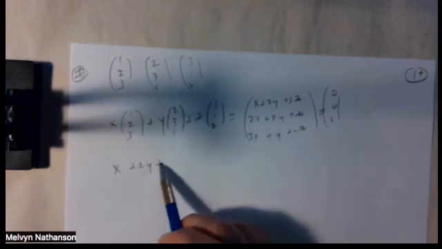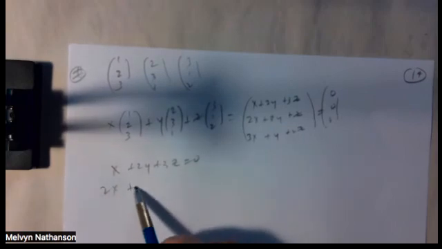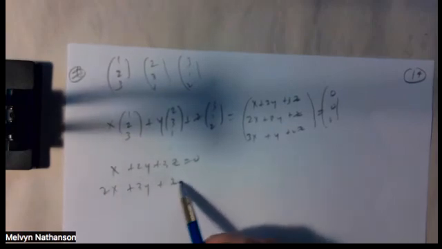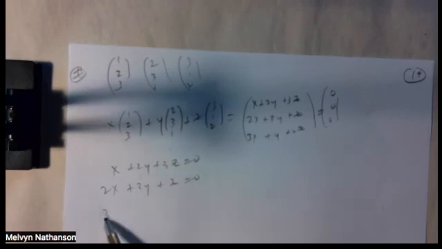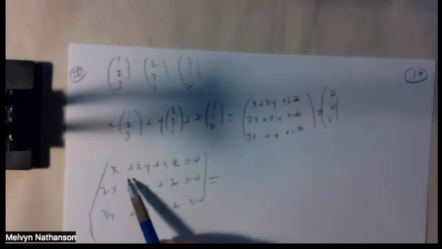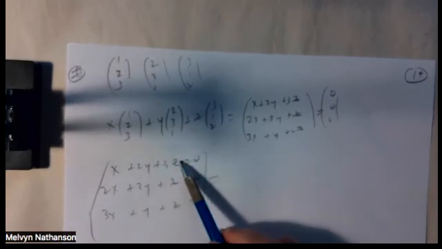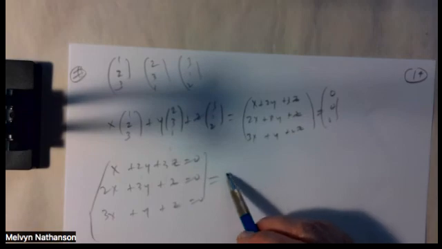So x plus 2y plus 3z equals 0. 2x plus 3y plus z equals 0. 3x plus y plus 2z equals 0. Suppose we try to solve these equations. Let's say I want to eliminate x. I can take the second equation minus 2 times the first equation.